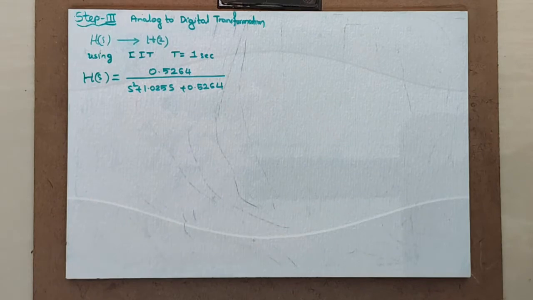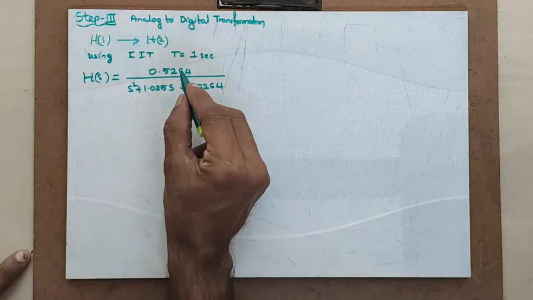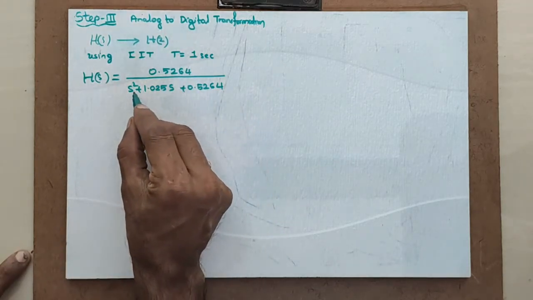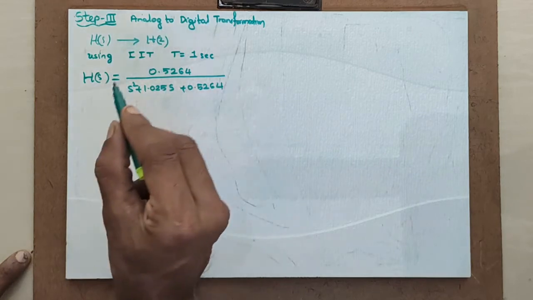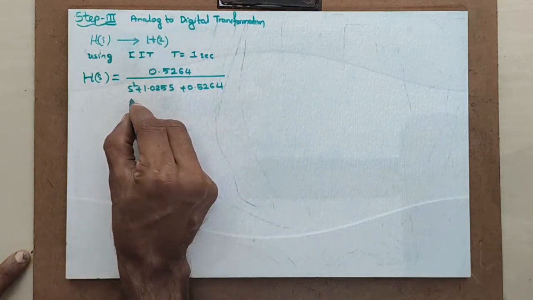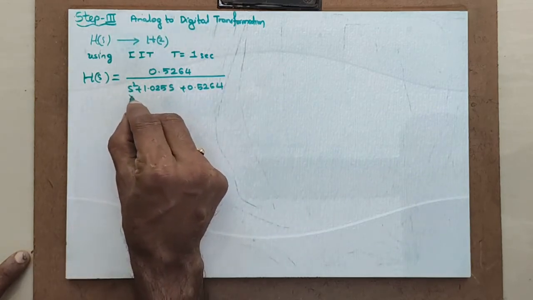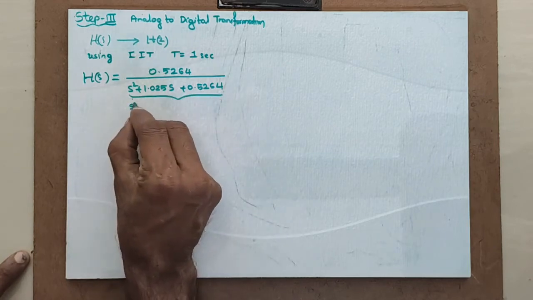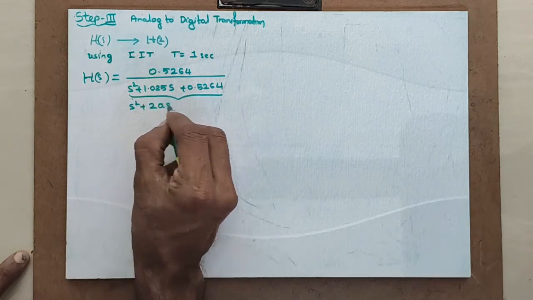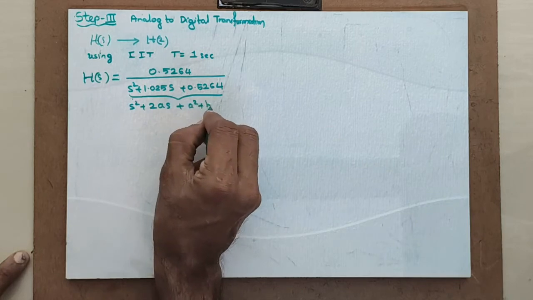Now for this h of s I have to write the corresponding h of z. See, this h of s, whatever I have written now, is in the standard form very nearly equal to b divided by s plus a whole square plus b square. For that reason I just write here, instead of this, s square plus 2as plus a square plus b square.